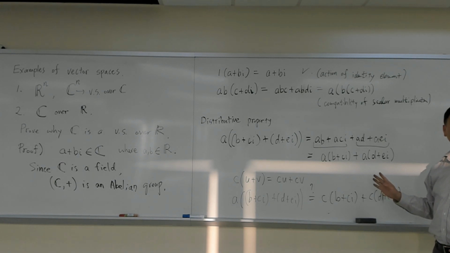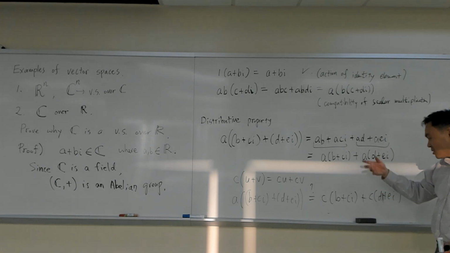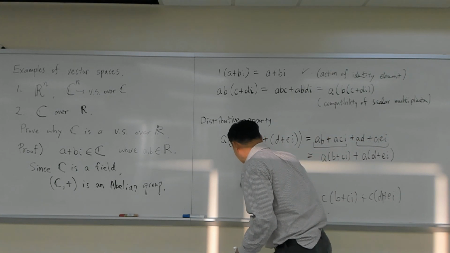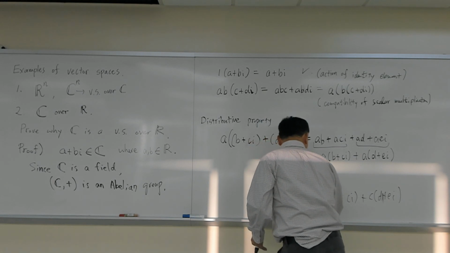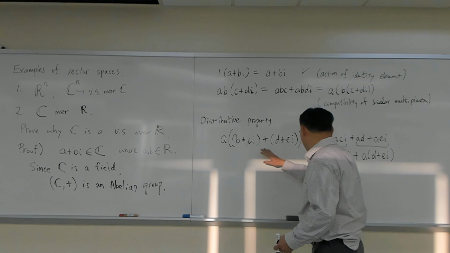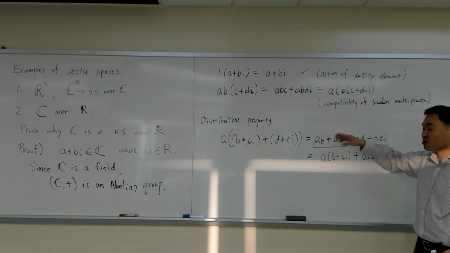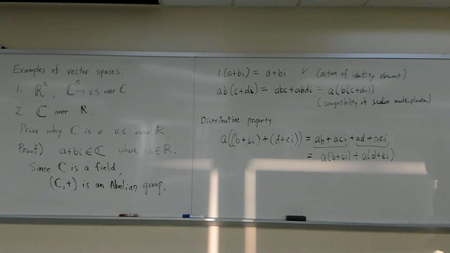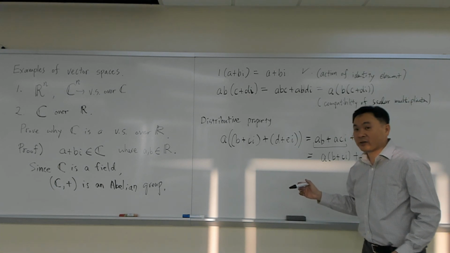Is that okay? Sometimes the reasoning seems a bit circular, but you have to be cautious of where to begin, where to end, and then you have to try to fill in the middle somehow. Okay?